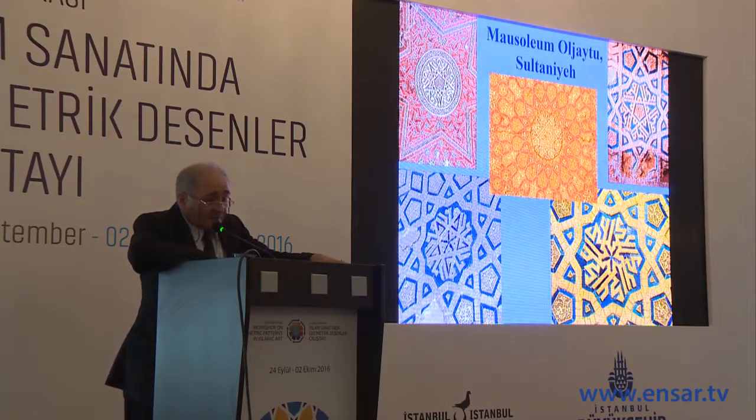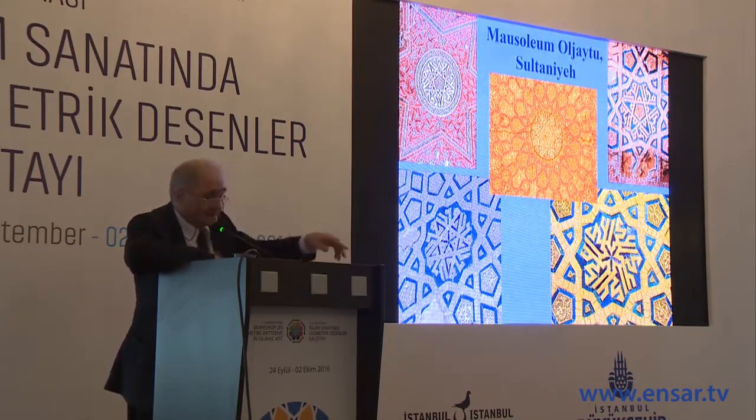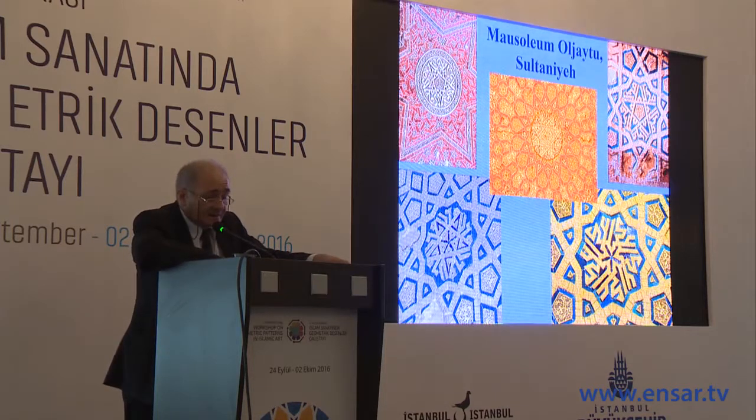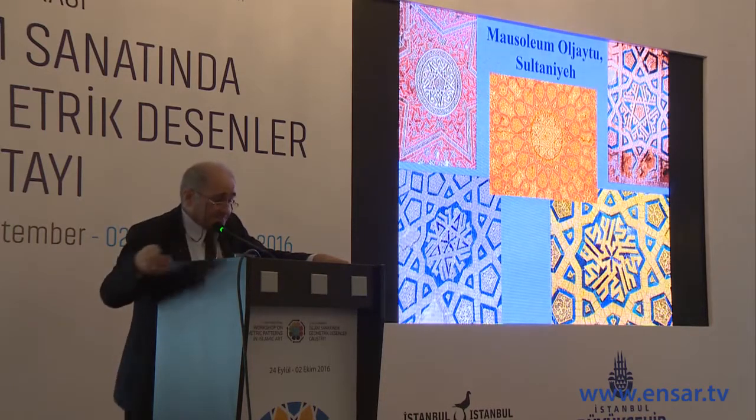On the balcony of the same mausoleum, there is an 8-pointed star. The middle of that is made by 8 Muhammad on the center, and it is written with herbal kufik. It is in the center of orange color decoration.